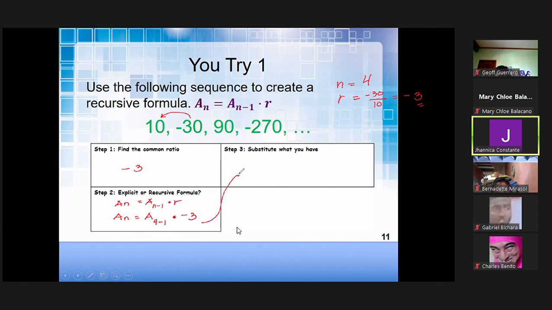So the recursive formula of our geometric sequence is a sub n equals to a, 4 minus 1 is 3, times negative 3. So that is our recursive formula.